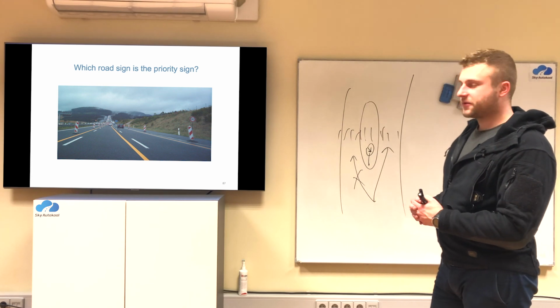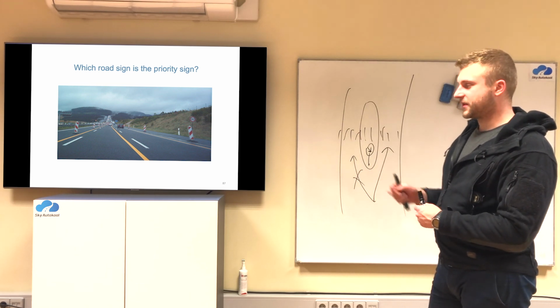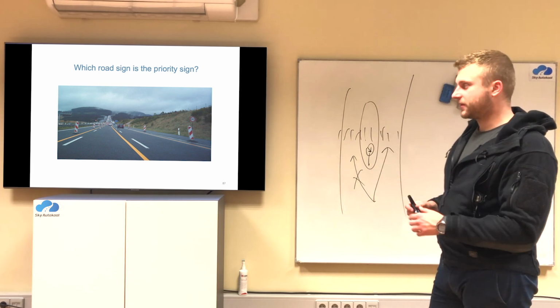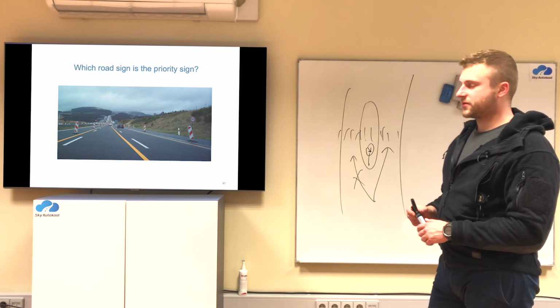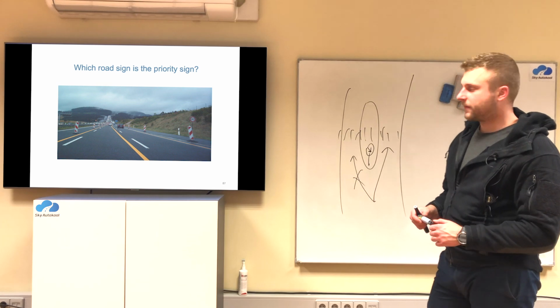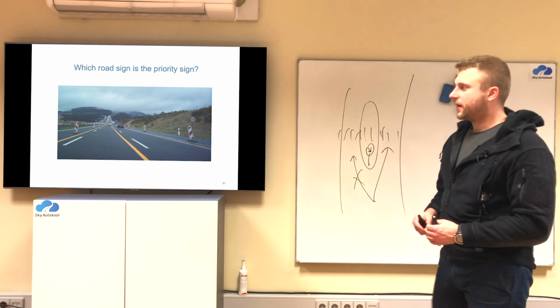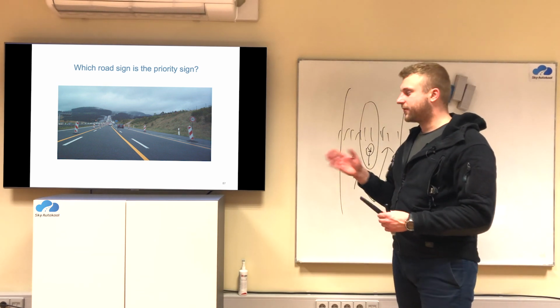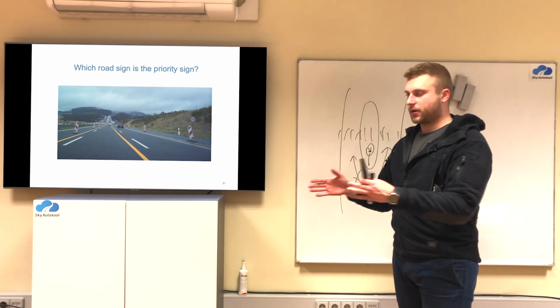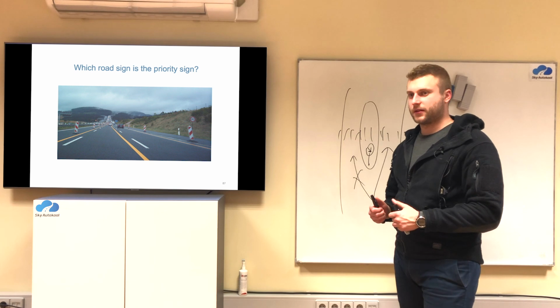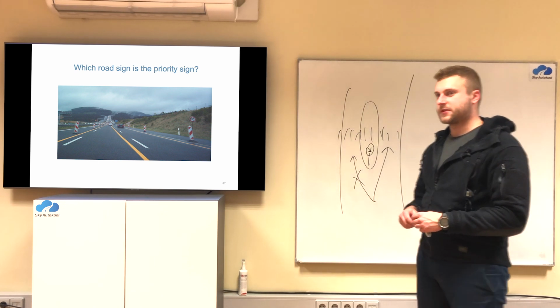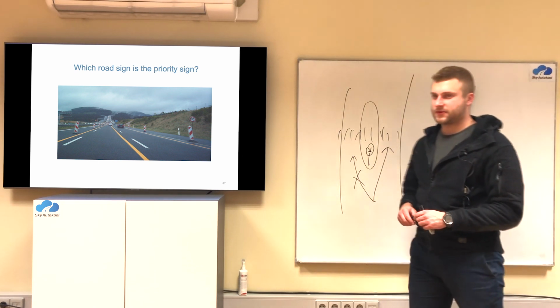So yellow is priority. Yellow is a temporary line basically. So this yellow has more priority than white. It means that I have to use these yellows when I'm moving. So I don't follow the white ones anymore. You understand?